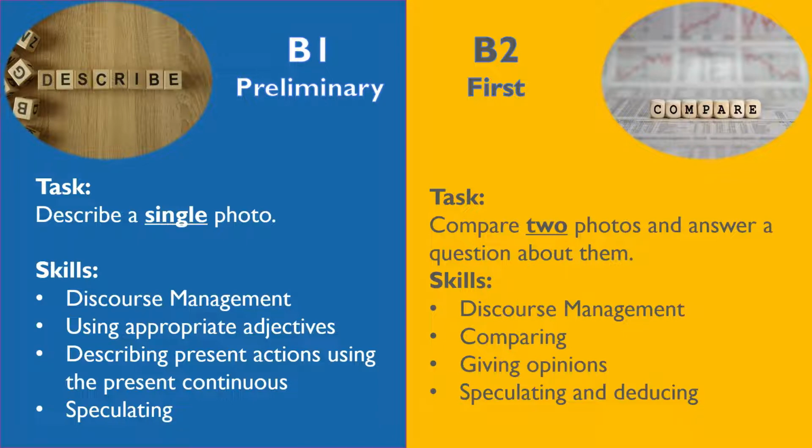Now, they are partially testing you on the same thing, which is discourse management, or in other words, fluency. But the language being tested is different. In B1, you're being tested on using appropriate adjectives and describing present actions using the present continuous. But in the B2, you're being tested on comparing and giving opinions.